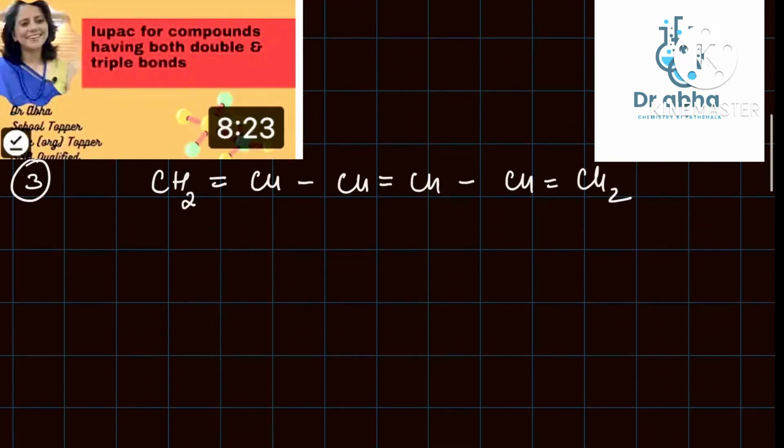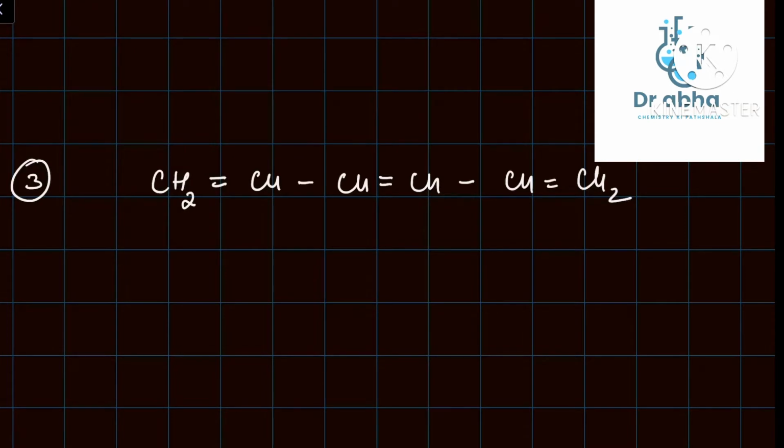Next, this is a very simple rule which I wanted you all to revise. So again, these are at equivalent positions. The double bonds are at equivalent positions. So 1, 2, 3, 4, 5, 6. If you start from the right hand side, the same counting will come, right?